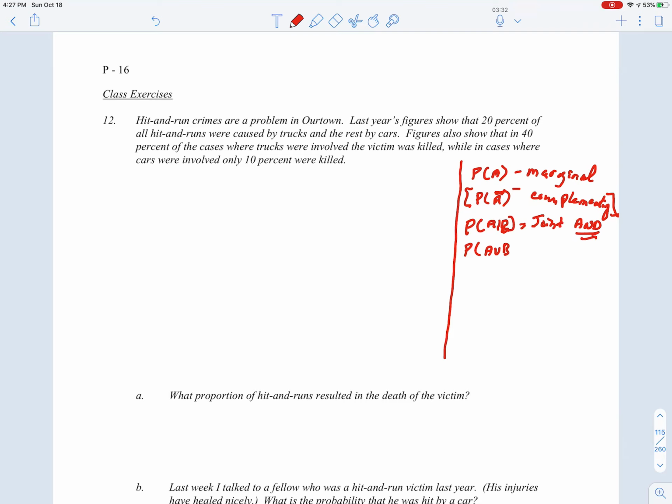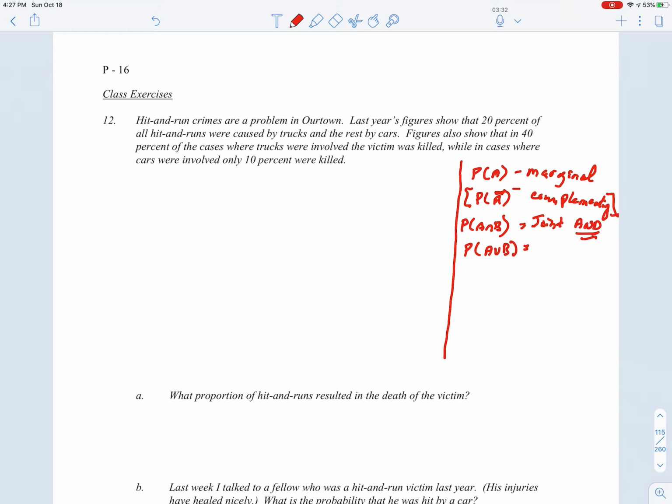Oh, I made a mistake on the one above, didn't I? Anybody catch what the problem was? I wrote it as a conditional probability. Let's rewrite that. I could go back and do the whole tape again, but I'm not going to do that. This is what a joint probability looks like. There we go. It's got that kind of upside down U.